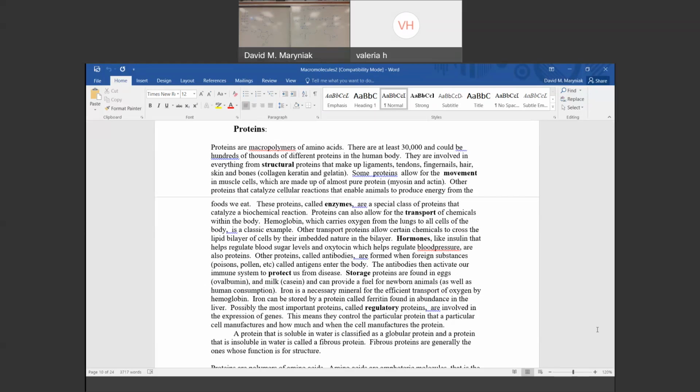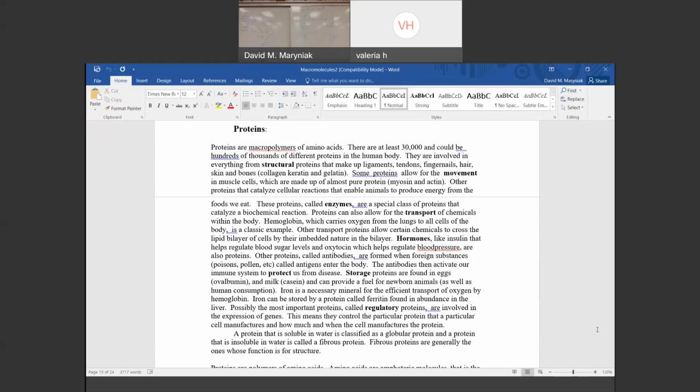One important one for our respiratory system would be carbonic anhydrase. So what would you guess it acts on? Carbonic acid.